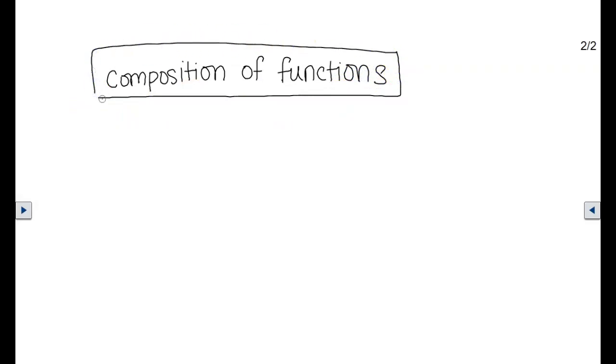And if you understand function notation and how it works, this really shouldn't be anything too difficult for you. A composition of functions is nothing more than a way of taking two or more functions and combining them.